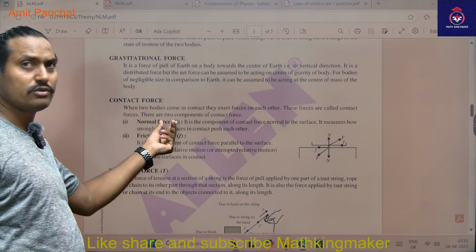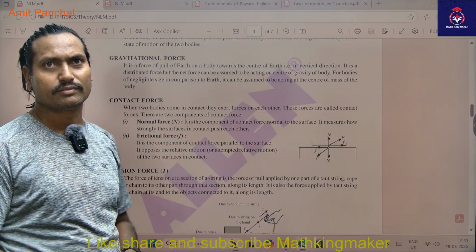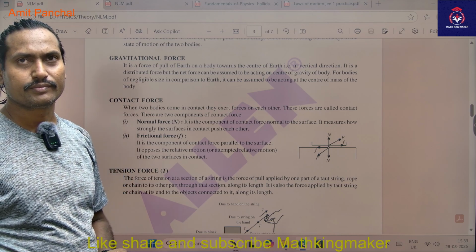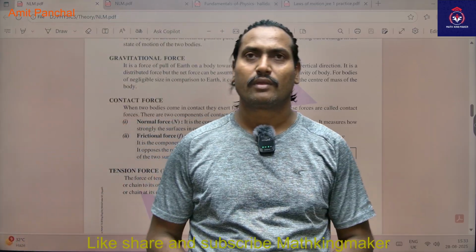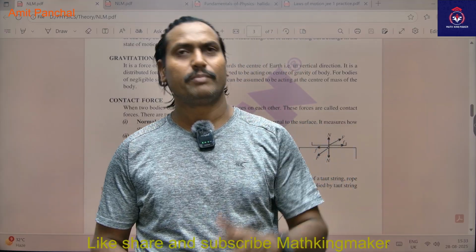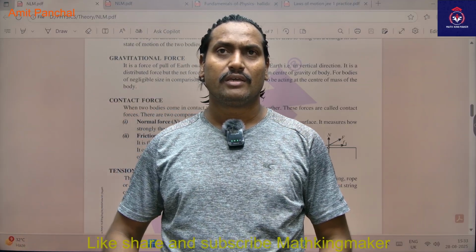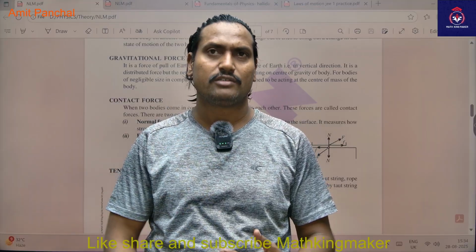That is the normal force. Normal force occurs when an object is on the ground. The best example: if I am standing, the earth is applying a normal force on me, which is upward.